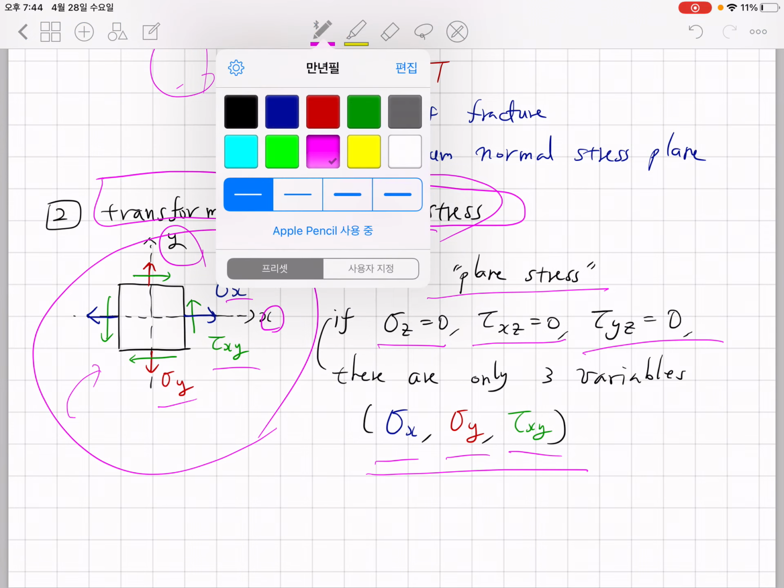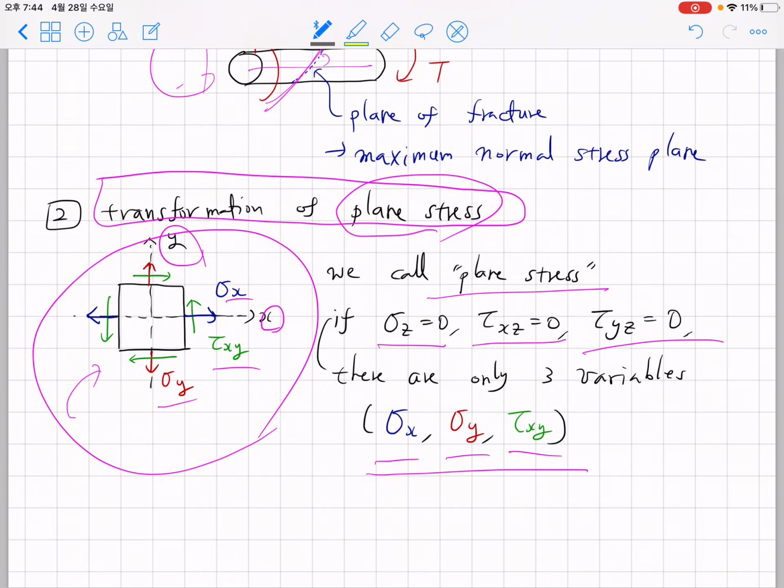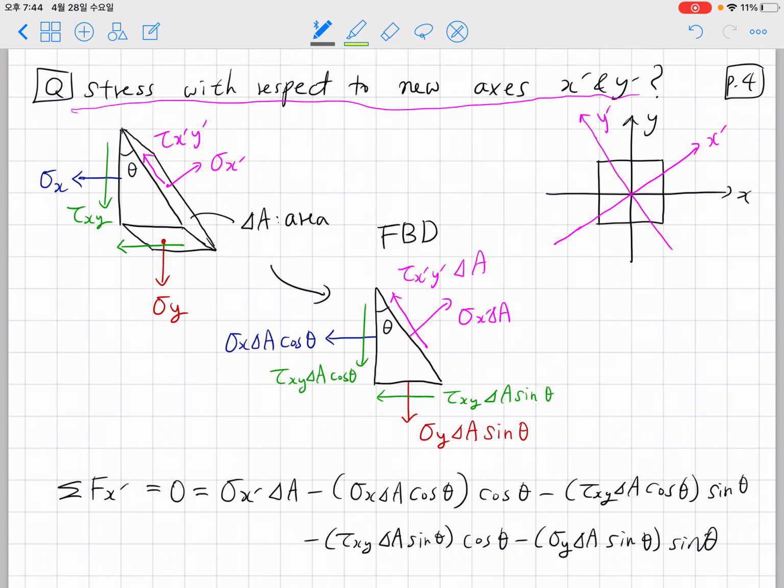Somebody may ask, if we set up x prime and y prime axes, and suppose the rotating angle is theta, then for exactly the same stress state, what will be the numbers in the x prime, y prime axes?